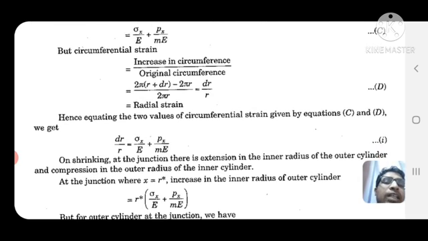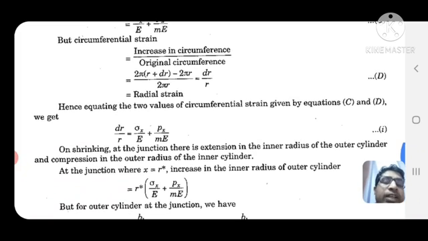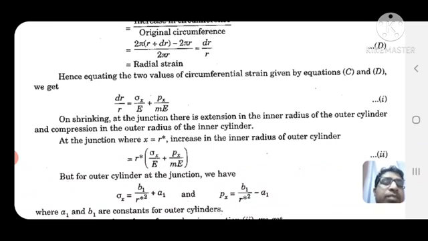So 2 pi (r plus dr) minus 2 pi r divided by 2 pi r equals dr by r. So that is equal to radial strain. Hence, equating the two values of circumferential strain given by equations C and D, dr by r is equal to sigma x by capital E plus Px by m E.